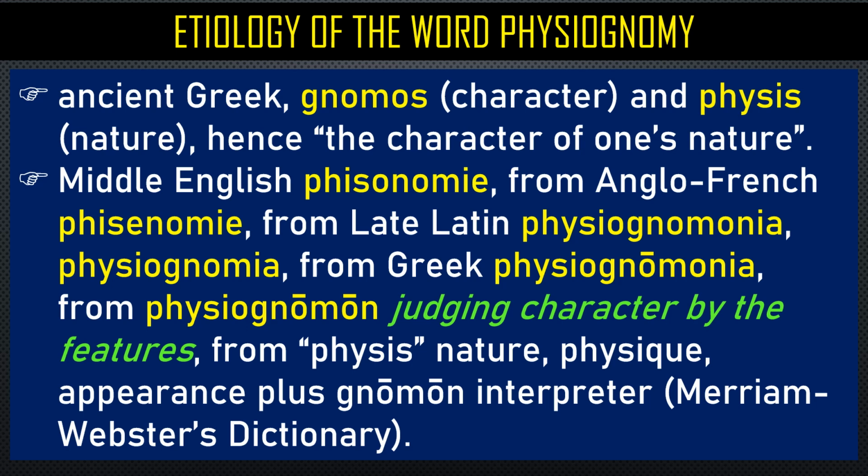So it's a combination of the English and the French word physiognomy from the late Latin physiognomonia, or known as physiognomia, from the Greek word physiognomonia, again from physiognomion, which means judging character by the features. So you are going to determine whether a person is good or bad based on his physical features.